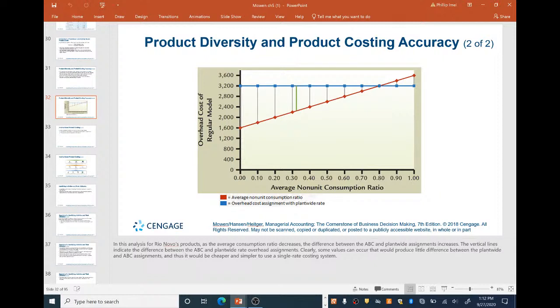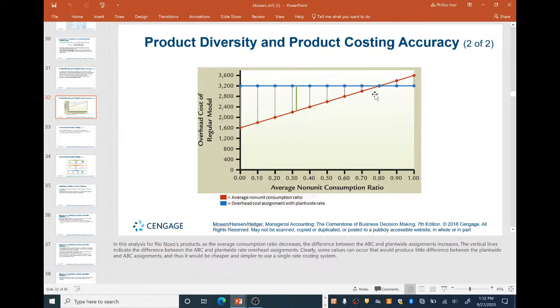Now, obviously you can see by looking at this that some values can occur that would produce little difference between the plant-wide and the ABC assignments. We can see this here, and for this example, it just happens to be around that 80% consumption ratio, where there'd be little difference.